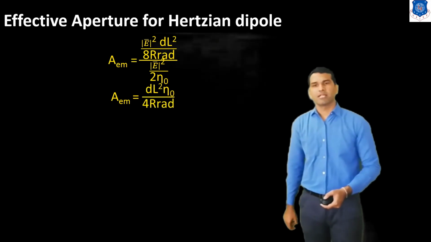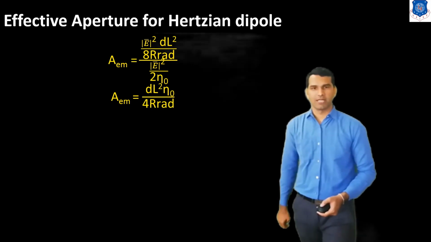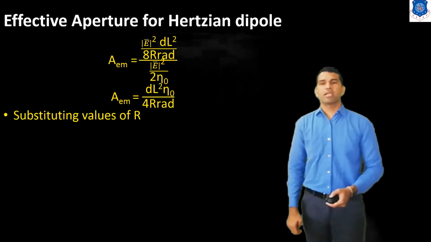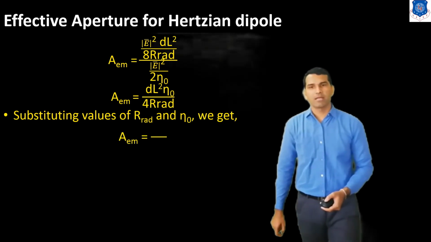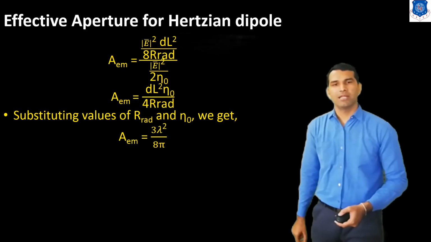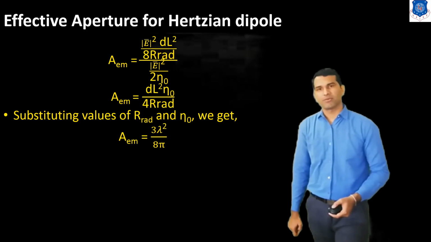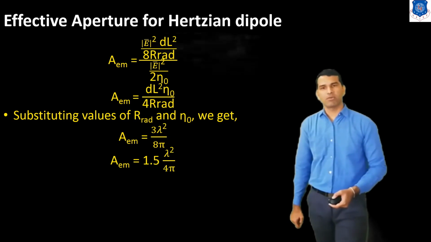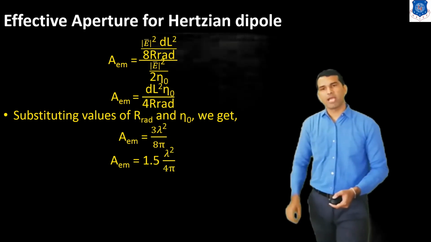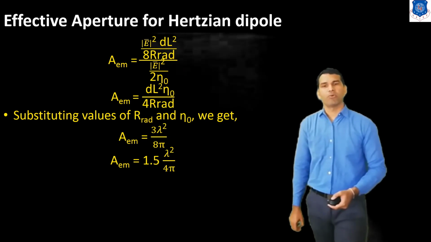So AEM is equal to dl square eta 0 upon 4 R radiate. Substituting the values of R radiate and eta 0, we get AEM is equal to 3 lambda square upon 8 pi. This is the effective aperture for the Hertzian dipole. Or we can write 3 upon 8 as AEM is equal to 1.5 lambda square upon 4 pi.